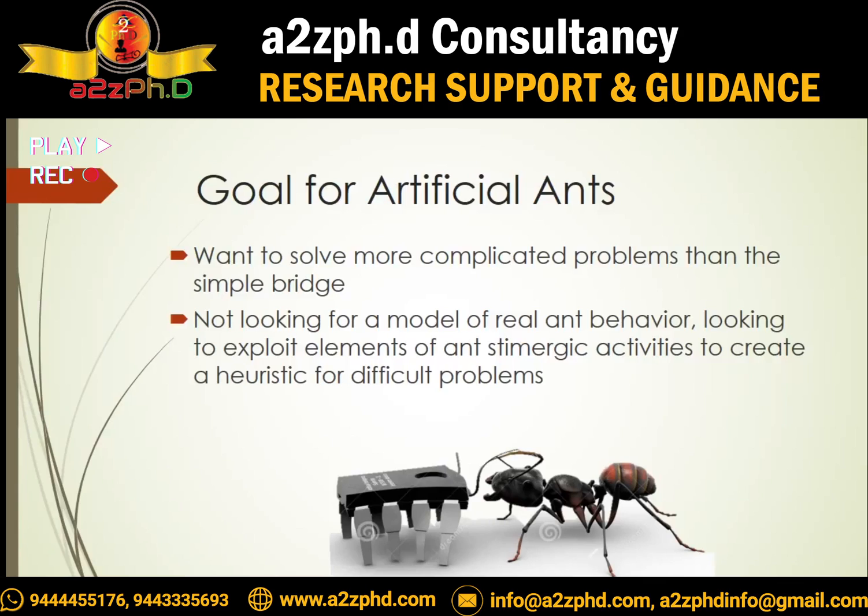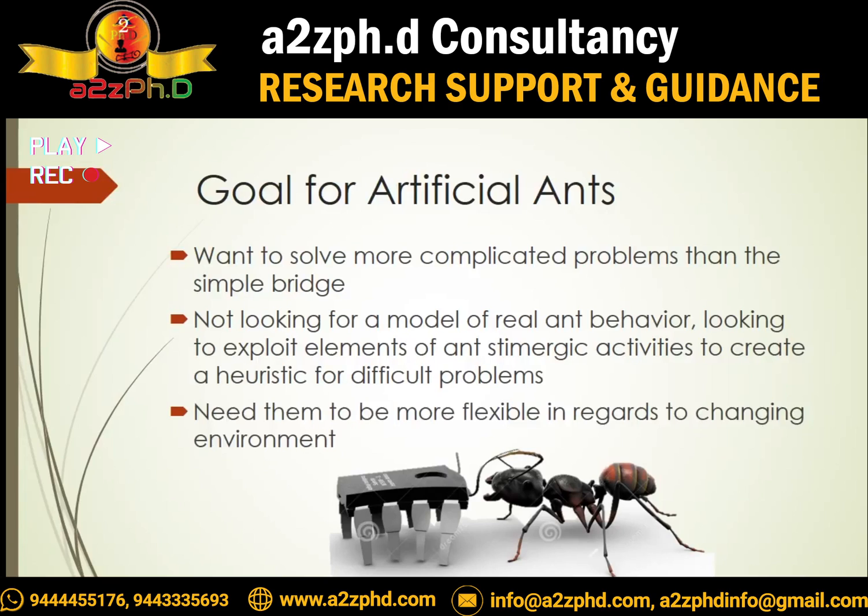What we're looking to do is exploit the elements of ant stigmergic activities, which can be so powerful, and create a heuristic that allows us to solve much more difficult problems. And we need them to be more flexible in regards to a changing environment, so that they take advantage of that shorter path when it's presented to them.